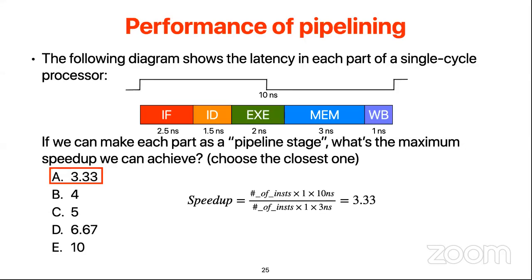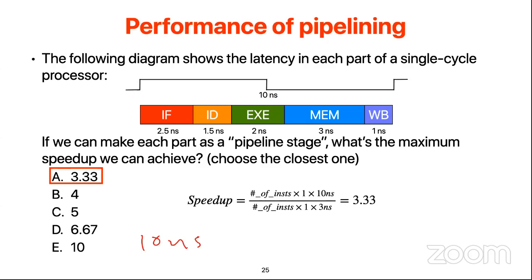So for this question, how much time would it take to execute an instruction in a single cycle processor? 10 nanoseconds or 1 clock cycle. Okay, how much time would it take to execute an instruction in a pipeline processor?